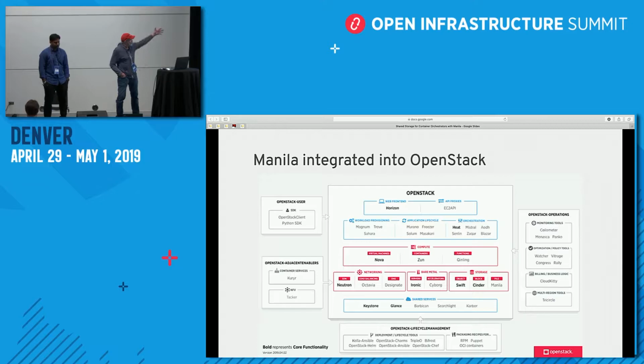Usually, people get introduced to Manila in the context of OpenStack as a whole. So if you look at the bottom right-hand corner, there's storage up there. There's Swift for object storage, Cinder for block storage, and Manila for file system storage. And certainly that's a great way to look at it. That is the way Manila came into being.